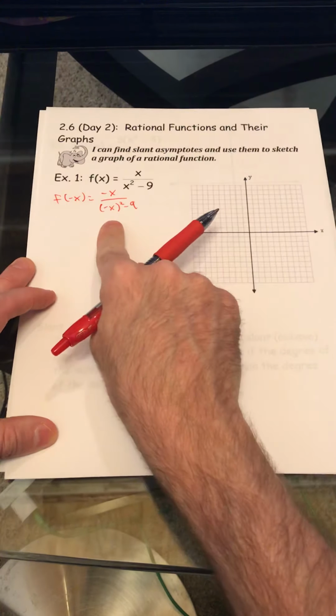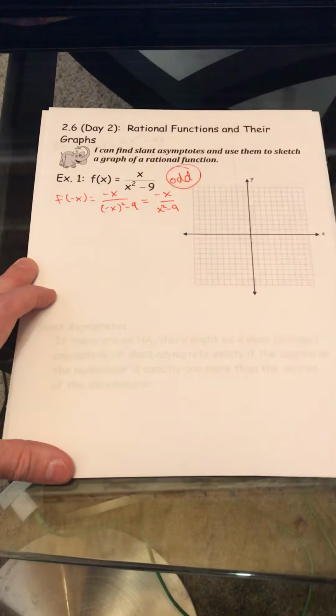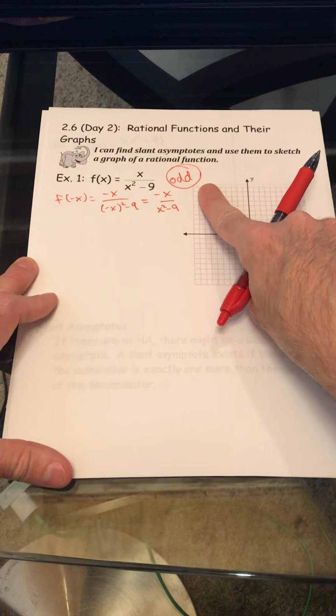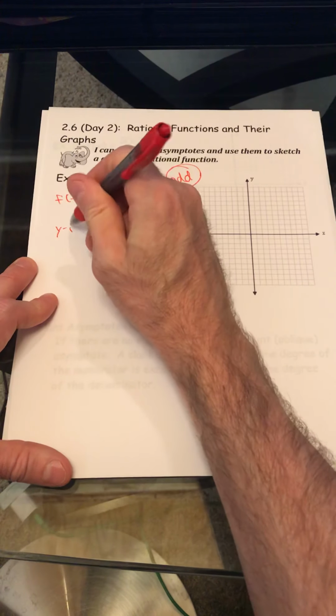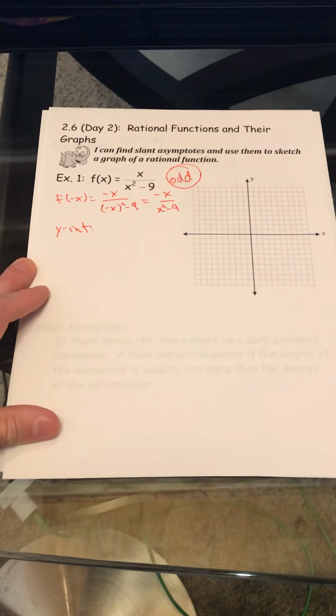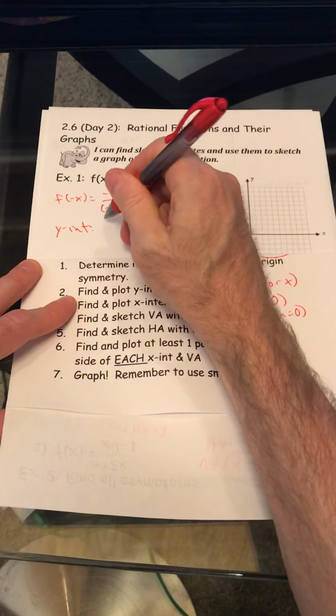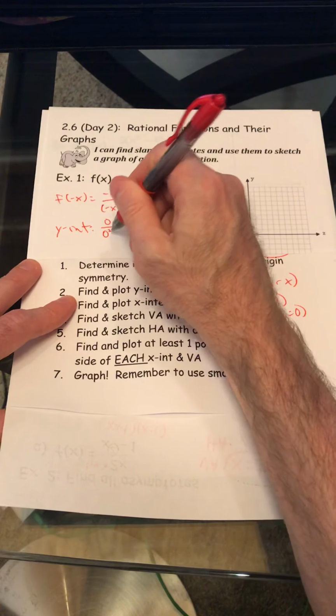Because the numerator is the opposite and the denominator is the same, this is the opposite of the original. So this graph will be odd. If you determine symmetry, that can actually help make graphing a little bit quicker, because this is going to be symmetric to the origin.